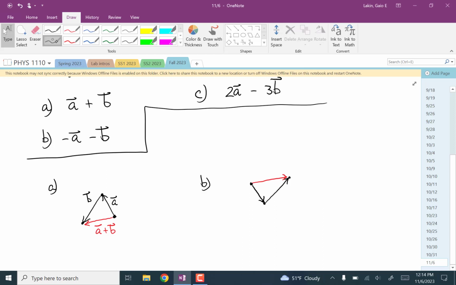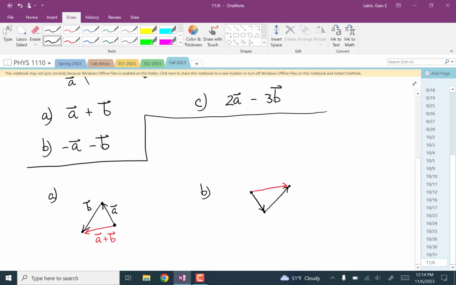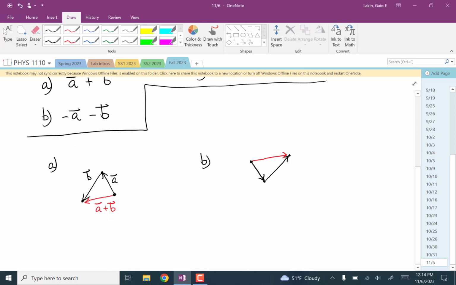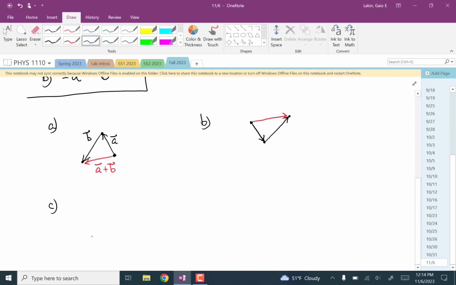And 2A minus 3B, well, think of first coming up with a vector that's 2 times A, second coming up with a vector that's negative 3 times B, and then adding those two vectors. So 2 times A would be in the same direction, but twice as long. So this is 2A.